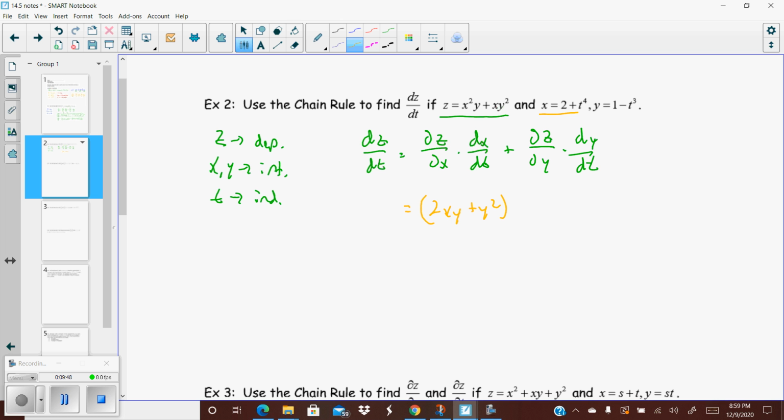The derivative of x with respect to t is 4t cubed, plus the derivative of z now with respect to y is x squared plus 2xy, and then times the derivative of y with respect to t is going to be negative 3t squared. Okay, and that's it. Again, you could plug in the t stuff for x and y. It is not necessary. This is perfectly acceptable.